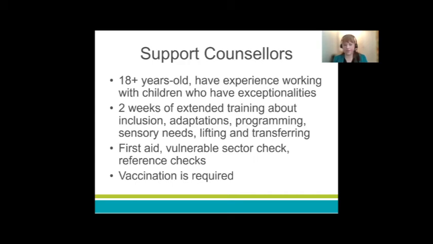Before camp starts, during the month of June, we provide 2 weeks of extended training about inclusion, adaptations in programming, sensory needs, lifting and transferring, similar to what Heather described with her inclusion staff as well. All of our staff have first aid, go through a vulnerable sector check, and then we check references as well. And this year, vaccination is required, like COVID vaccination.